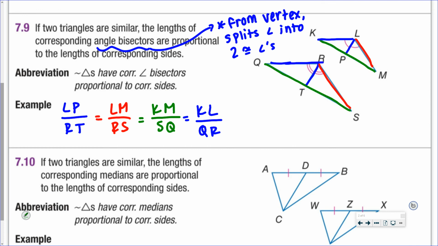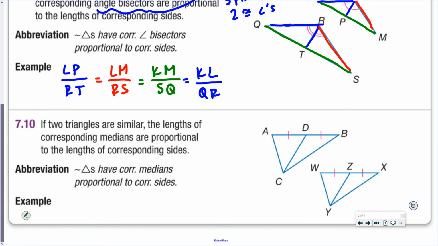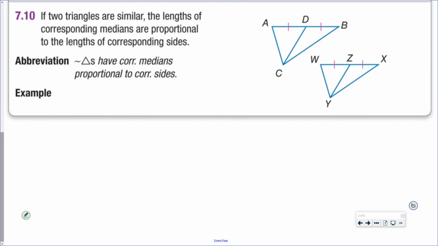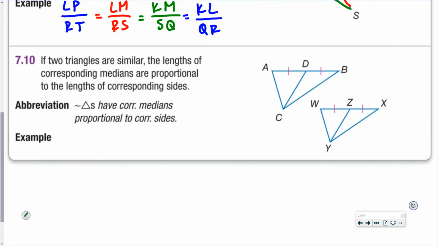Okay, that's fun. There's one more that's also proportional to these. Do you guys remember what a median is? How do you describe it? Midpoint of, connecting from the vertex.